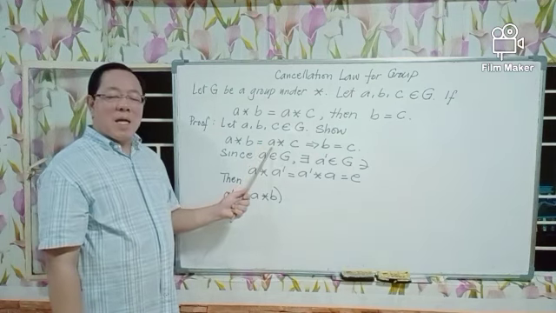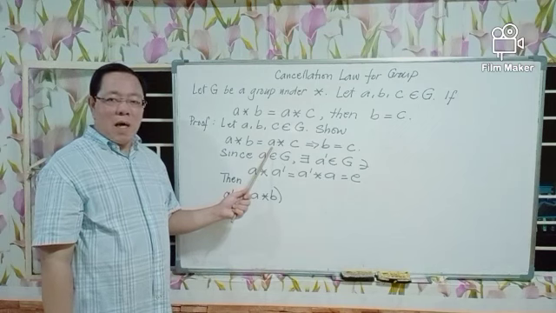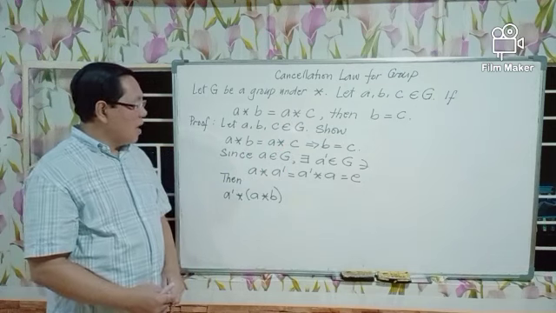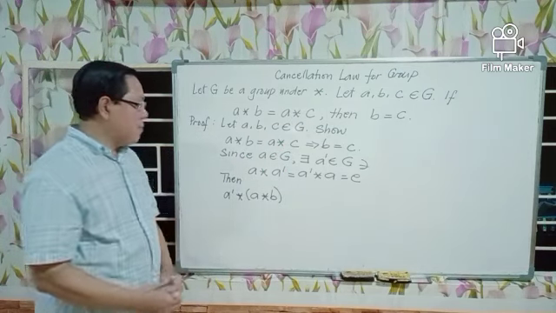We combine A star C with A prime by the binary operation star from the left, and we would get A prime star quantity A star C.